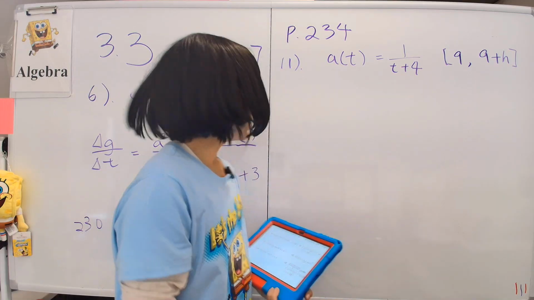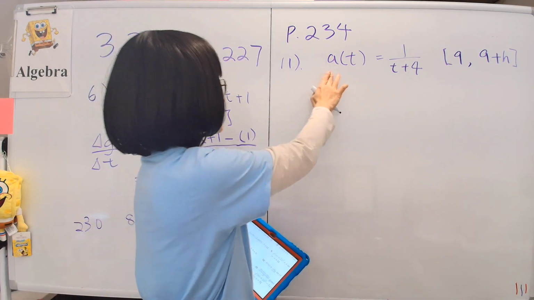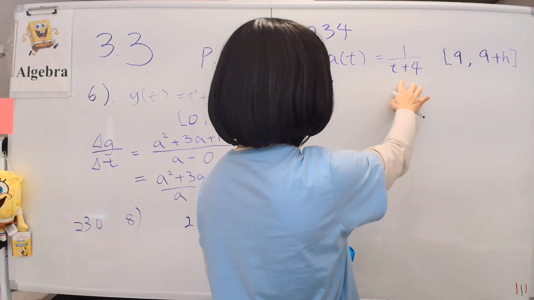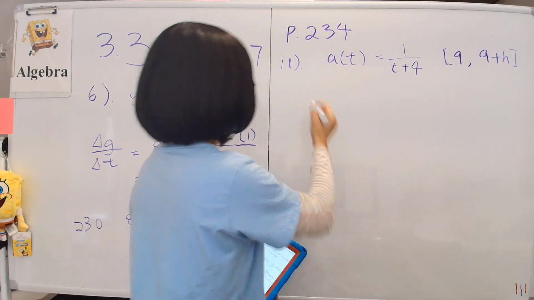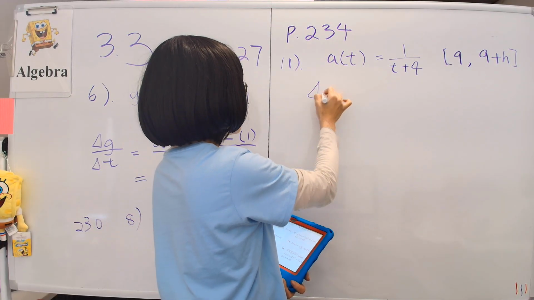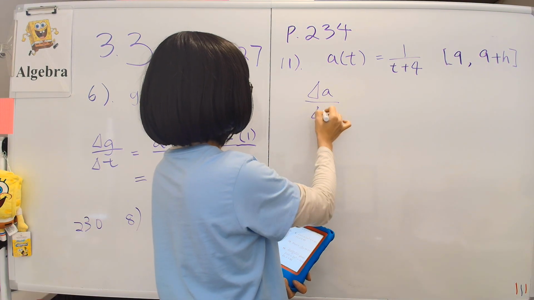So now that you're done with your homework, let's talk about some of them. Problem 11 says A of t is 1 over t plus 4, and t changes from 9 to 9 plus h. Okay, so we'll do that following the rate of change formula, which is delta A over delta t.